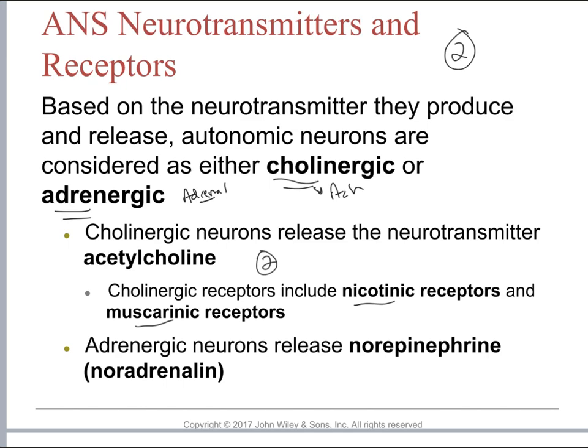The second subset is our adrenergic neurons, which release norepinephrine or adrenaline. So again, two classes: cholinergic neurons that release acetylcholine, and they can be either of two types, nicotinic or muscarinic, which we'll get into in our next slide. Our class of adrenergic neurons are going to release norepinephrine or noradrenaline.